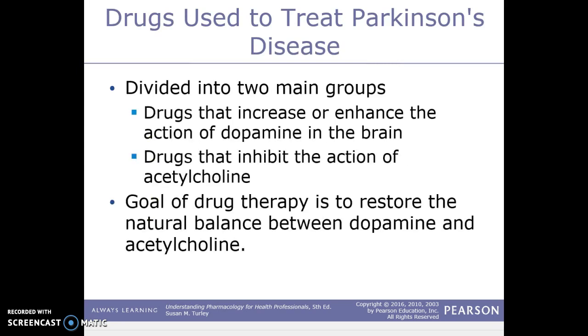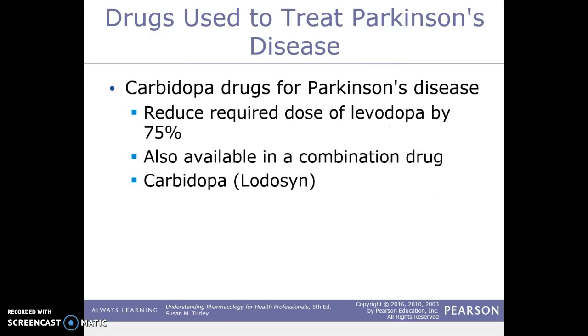So the different drugs are going to be broken up into two main groups: drugs that increase or enhance the action of dopamine and drugs that inhibit the action of the acetylcholine. So basically, we're trying to get a balance back with these drugs. So carbidopa drugs is the most common. There are combination drugs that are used.